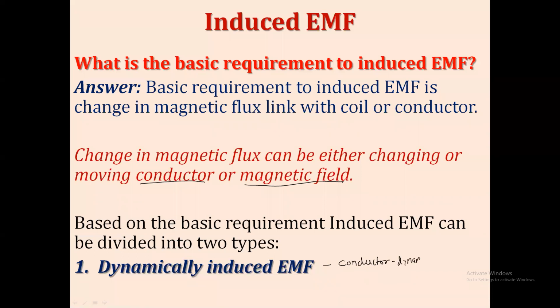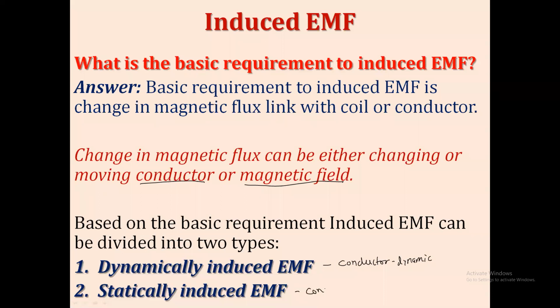Dynamic means it is moving, changing, or rotating. Is it right? Then in this case, we call the induced EMF a dynamically induced EMF. And the second is statically induced EMF. It means that when the conductor is stationary, the EMF induced in the coil or conductor is called a statically induced EMF.